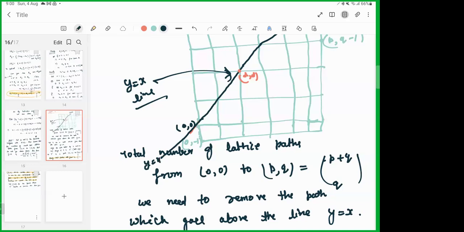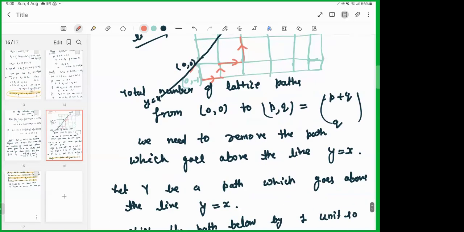So I can just reflect this path along, and let's say my path gamma is this one. I'm going here, then here, then here. So this is my path gamma, let's say, ending at p, q minus 1. Here I cross the diagonal or touch the diagonal, at least. Now I reflect this.